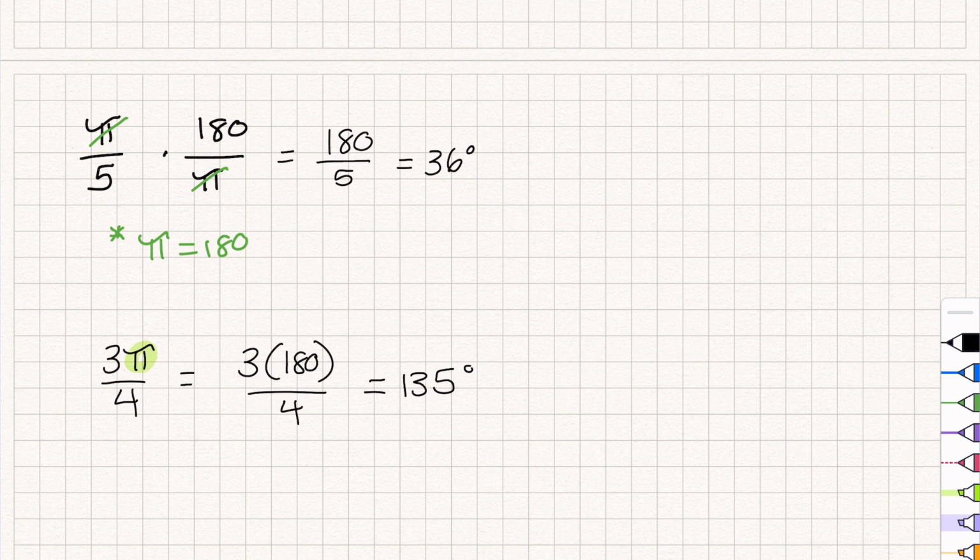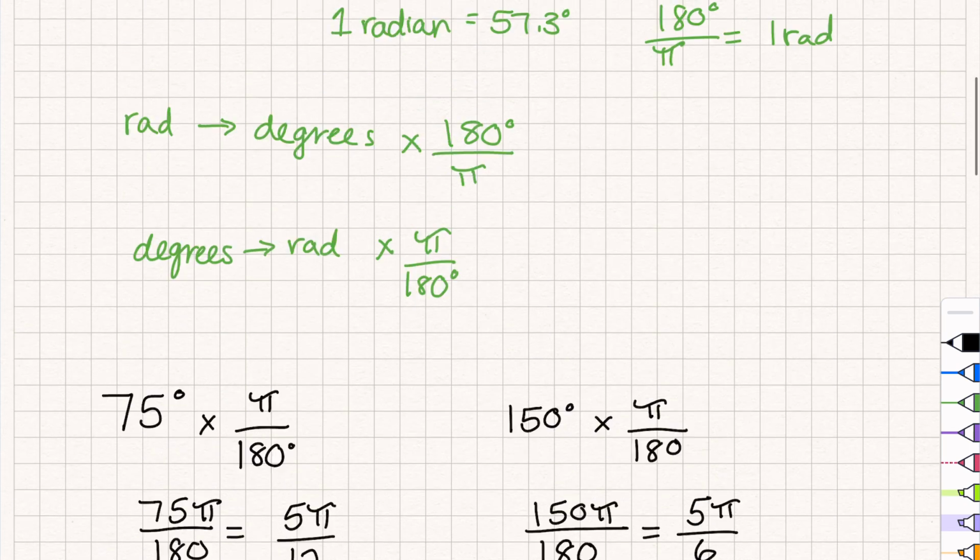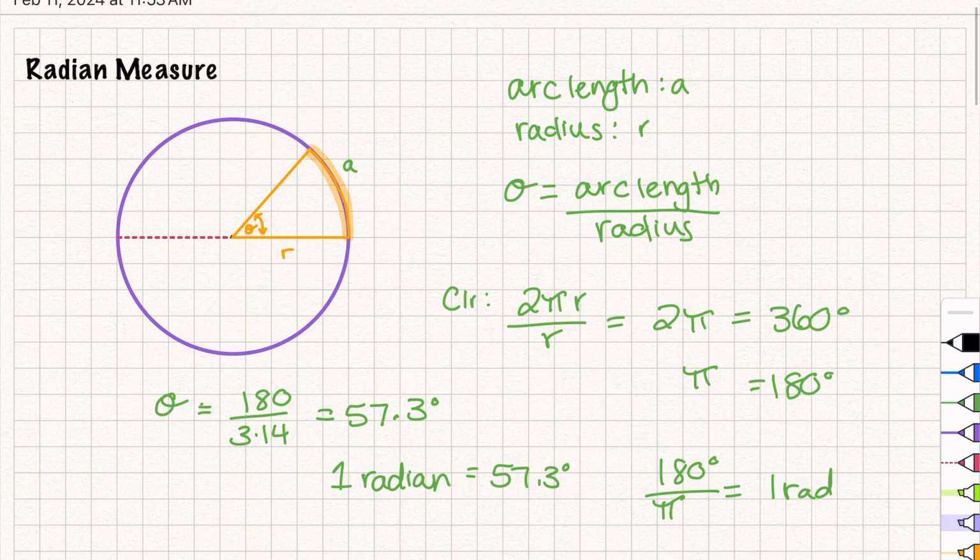Okay, so we discussed arc length a bit. Remember, the arc length, which is here, is the distance around part of a circle that's related to the size of the angle created by the radius. So it's the curved distance.